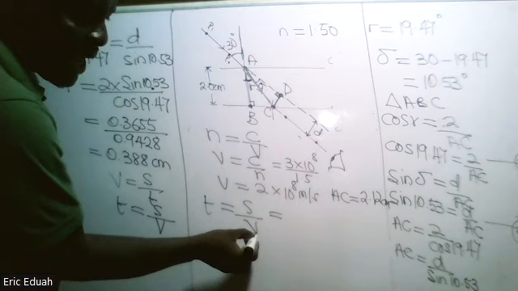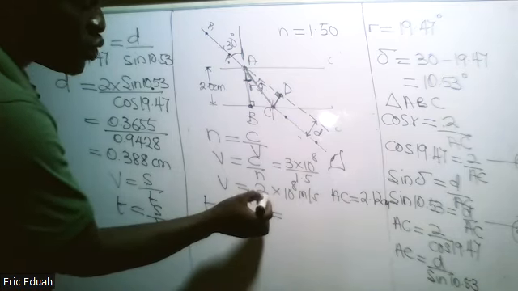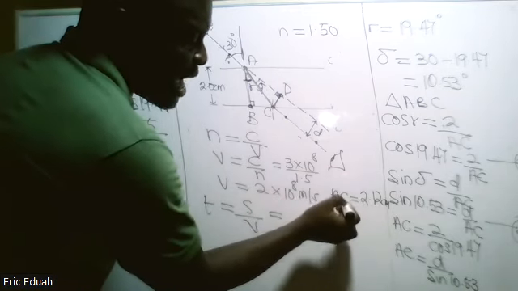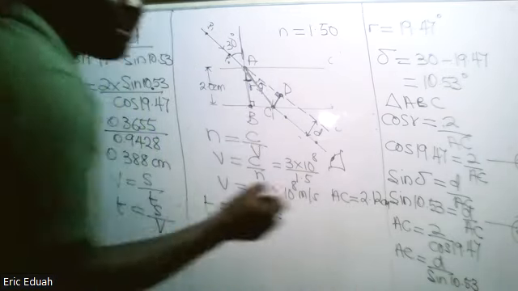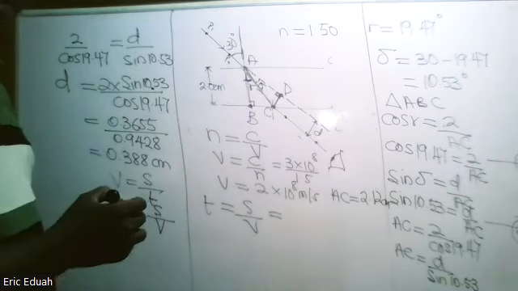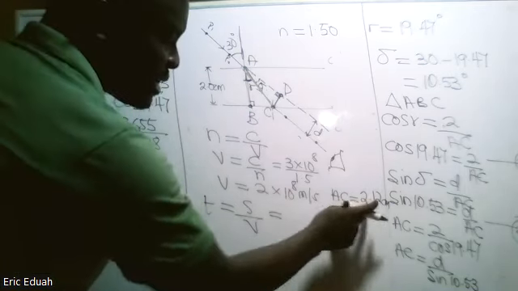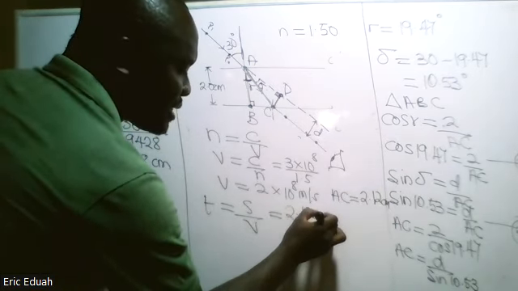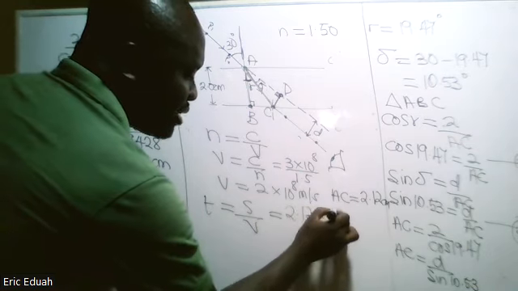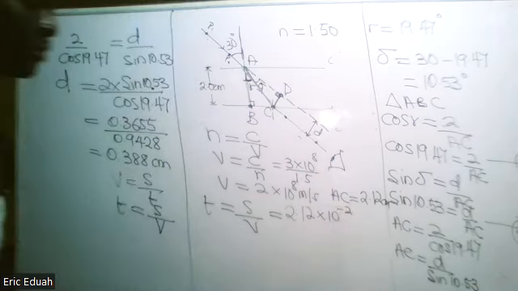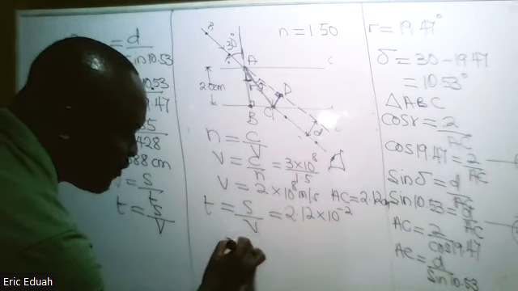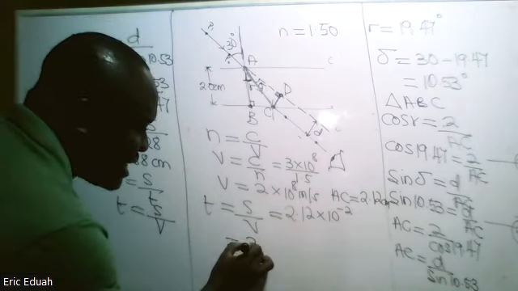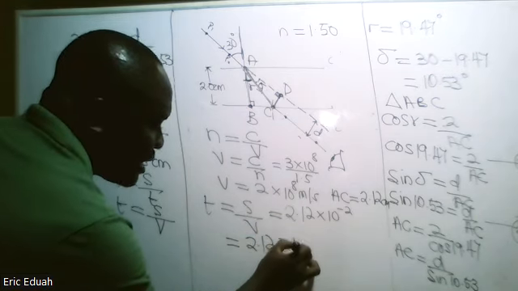Since the speed of light in a prism is 2 times 10 to the power 8 meter per second, if we use this distance AC in centimeter to work with, it is wrong. So we have to convert this to SI unit. So 2.12 centi is 10 to the power negative 2. Having done that, then the distance is divided by the speed.